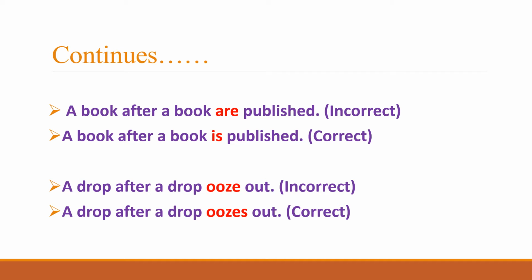So the same examples are continued from the previous rule. Here we can see: a book after a book are published. There is a noun, then a preposition, then again the same noun, a book, and then are published.